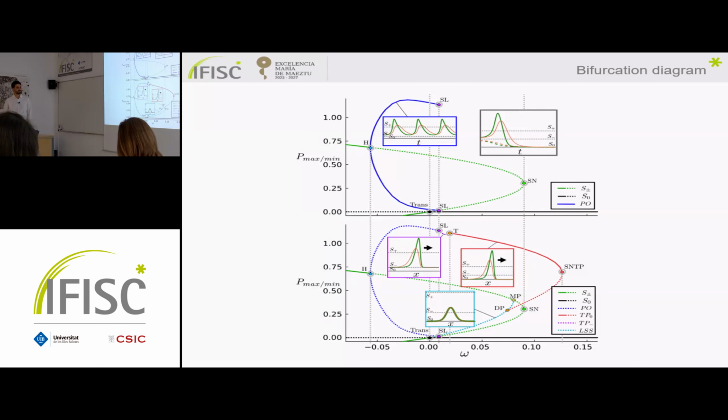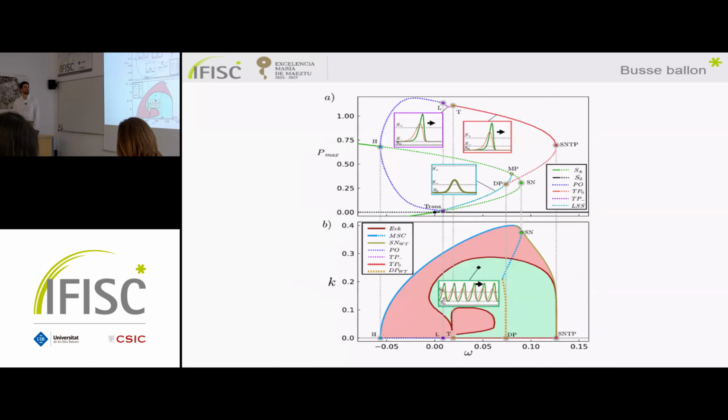So we studied also other kinds of patterns in the system, in this case also wave trains, where we found the existence of this Busse balloon, where there is coexistence of different wave trains of different wavelengths, which also can survive in the regions where the local system will eventually die.